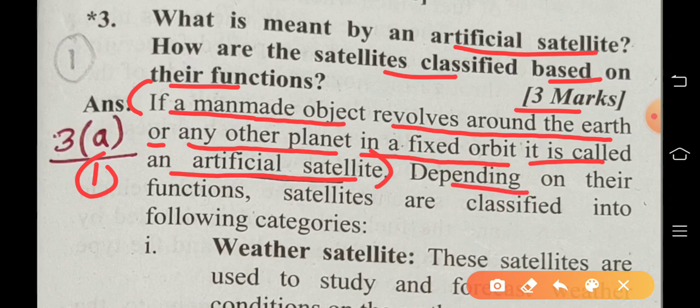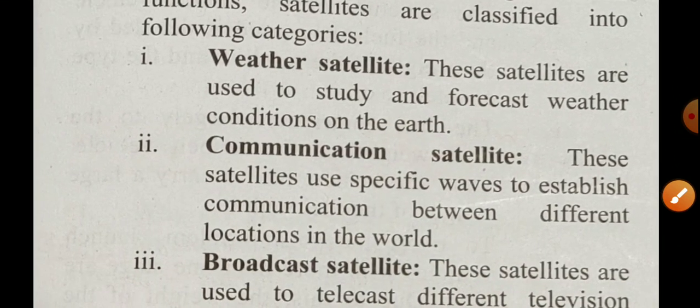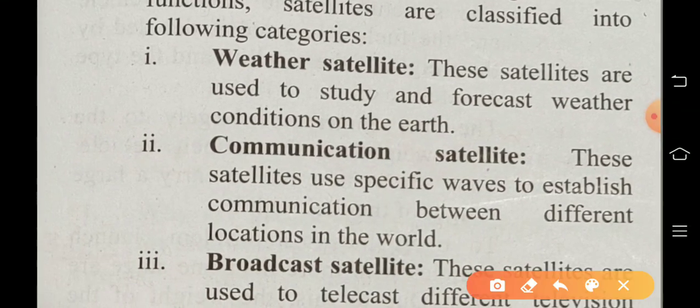Now, depending on their functions, satellites are classified into the following categories. In our textbook, one table is given of all the artificial satellites. Now see one by one. First one, weather satellite.